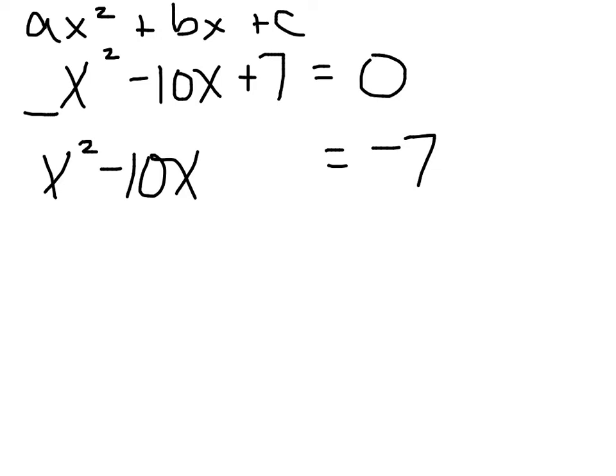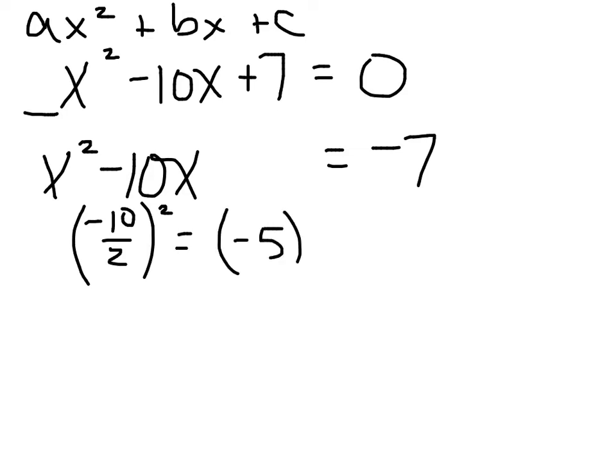Step 3 said what? Okay, Jake, what's in B? Good. So negative 10 divided by 2, squared. You've got to divide first. What's negative 10 divided by 2? What's negative 5 squared?